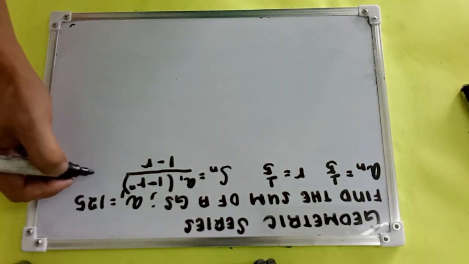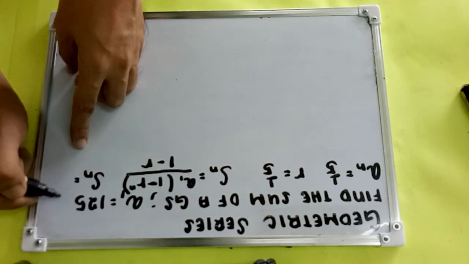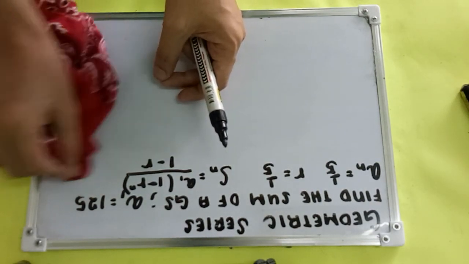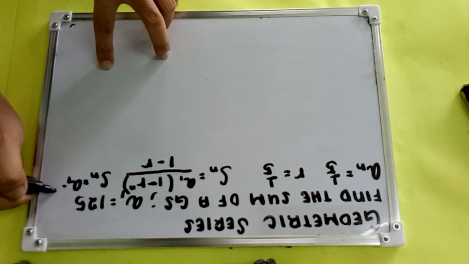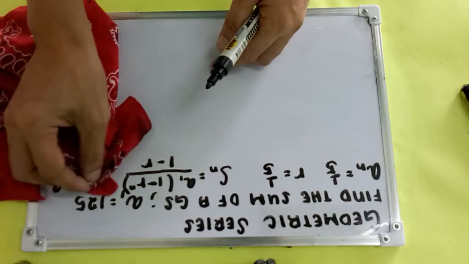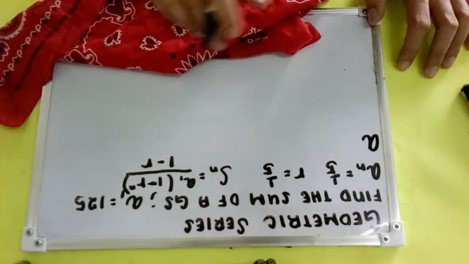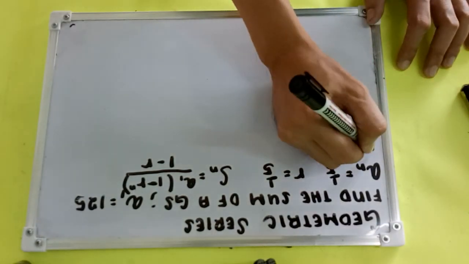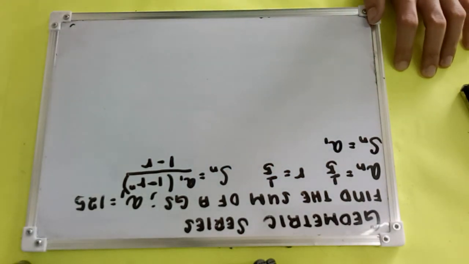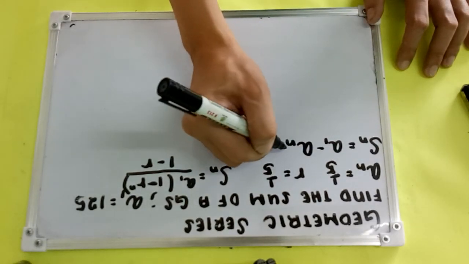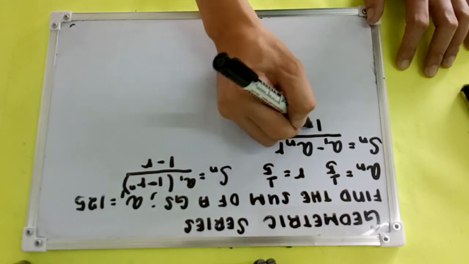Or we can also use S sub n is equal to a sub 1 minus a sub n r, multiplied by r, all over 1 minus r.